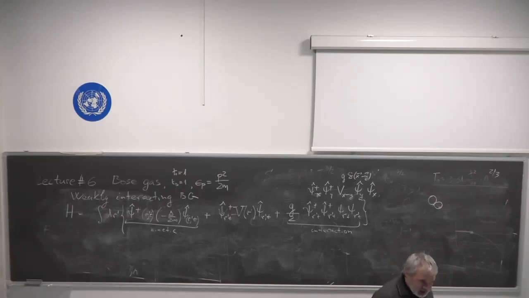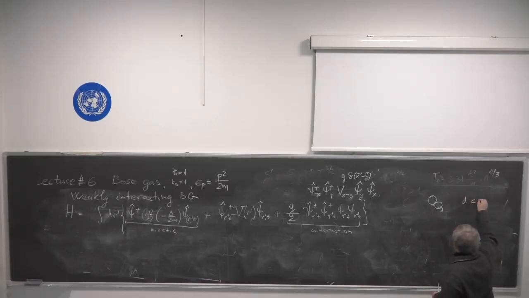It will be pretty much the same. The condition that my gas is weakly interacting means that d, the range of interaction, is much smaller than the mean distance between particles. The mean distance between particles is of the order of inverse density to the power 1/3. Therefore, n d cubed is much smaller than 1.